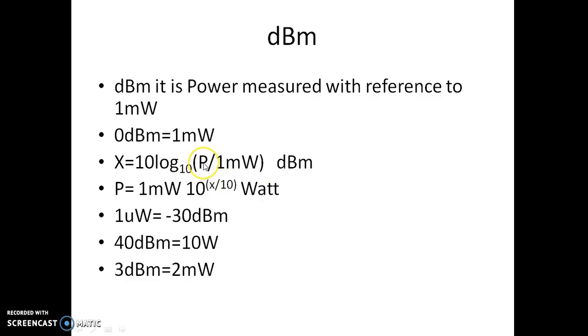If you have been given power in terms of watt, we can find its corresponding dBm. So these are the three examples to state how a microwatt can be represented in terms of dBm, and how a dBm can be expressed in terms of watt, and of course in terms of milliwatt also.